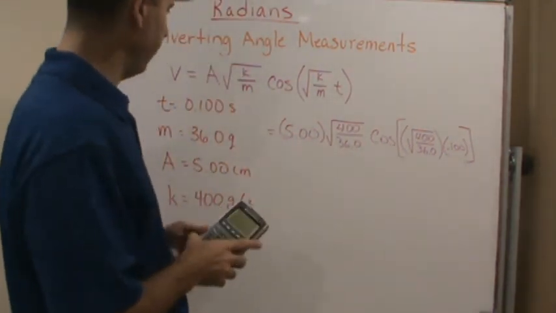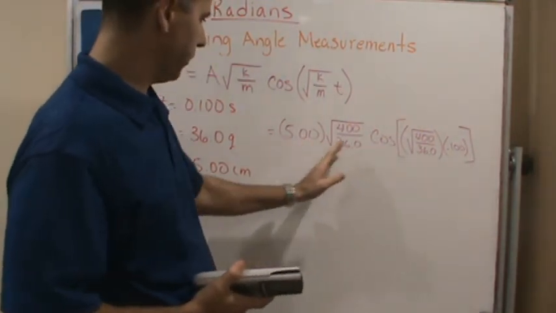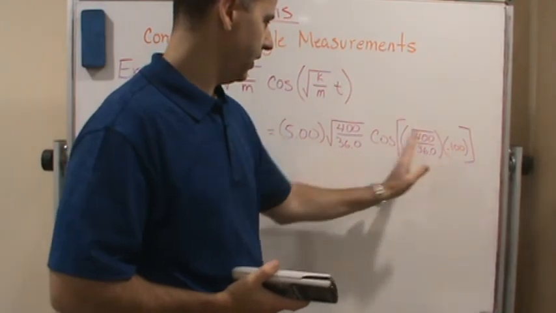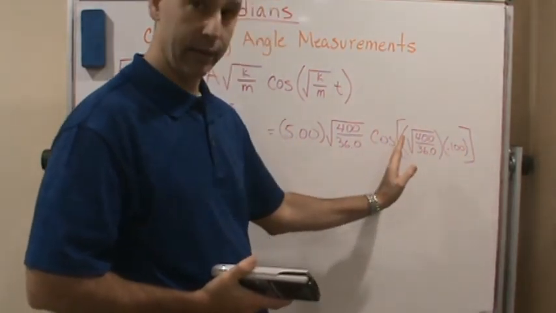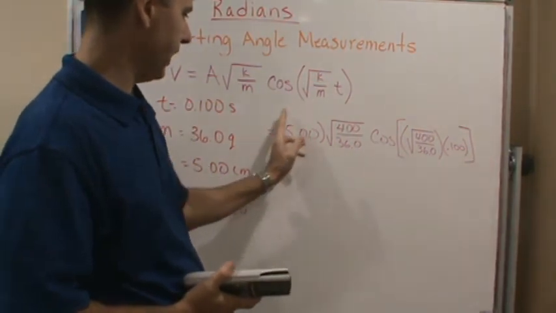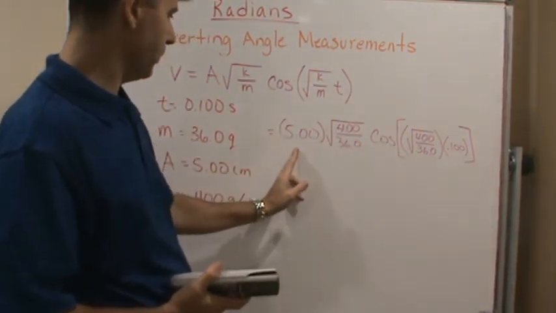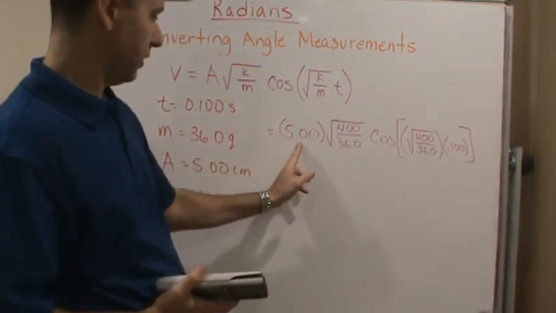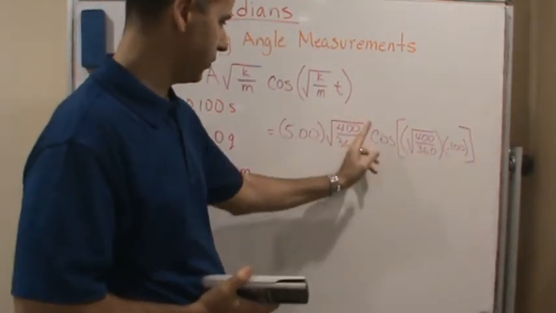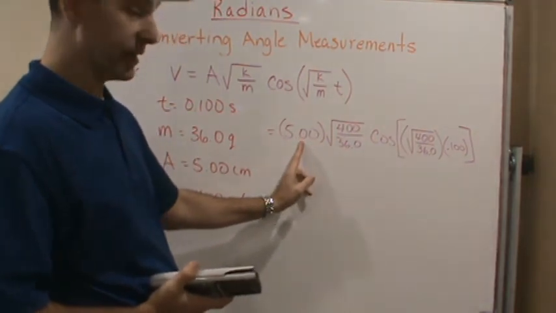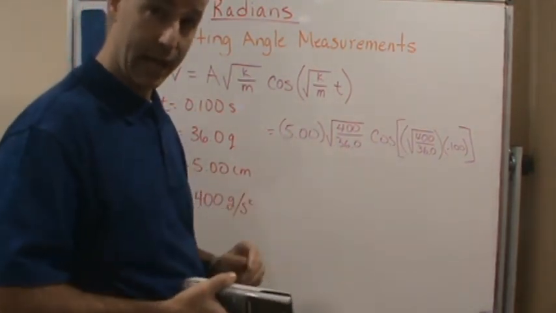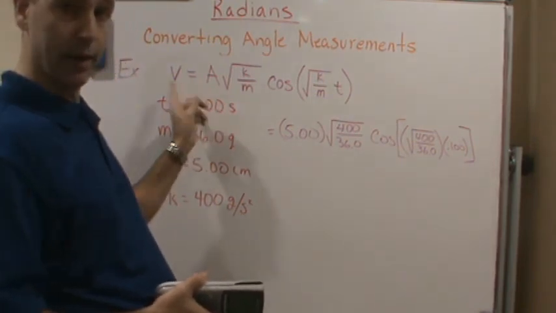The cosine gives us just a unitless number. Then if you do the unit analysis, you find that you get centimeters per second, because the square root gives us 1 over seconds and A is centimeters. It works out. We get velocity, which is exactly what we want.